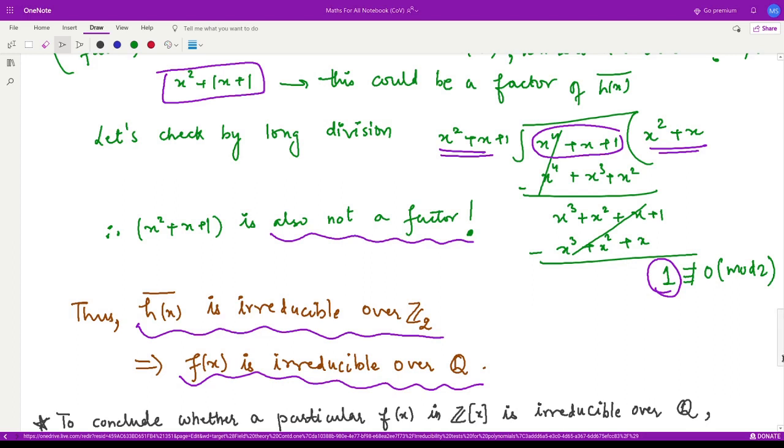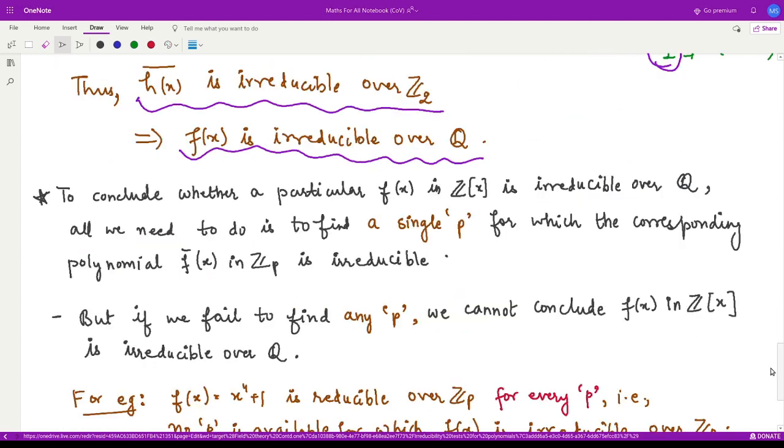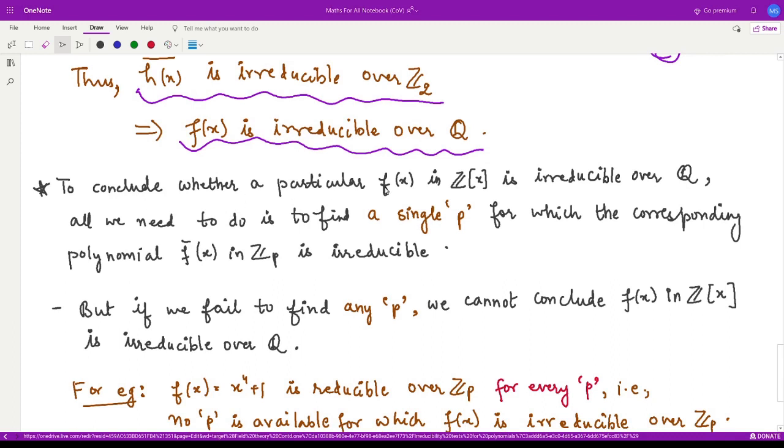So to conclude, what do we say? To conclude whether a particular polynomial in Zx is irreducible over Q, what do we have to do? We need to find one single prime number for which the reduced polynomial in Zp is irreducible.